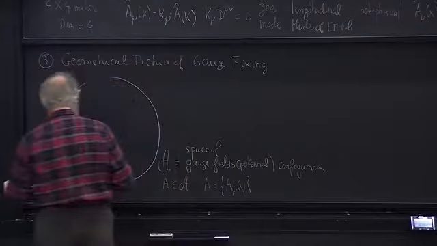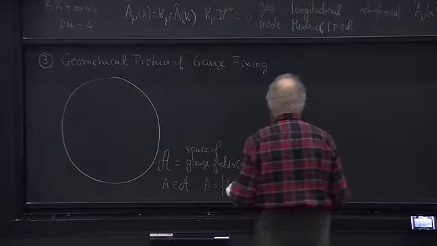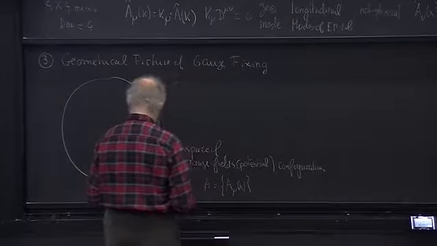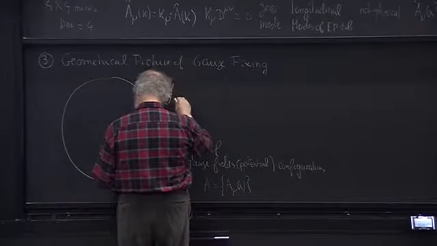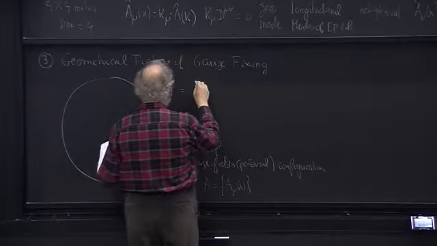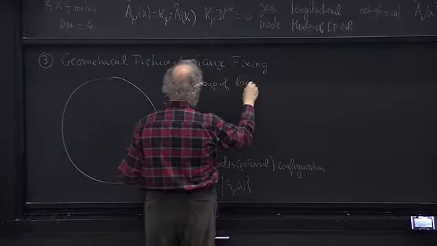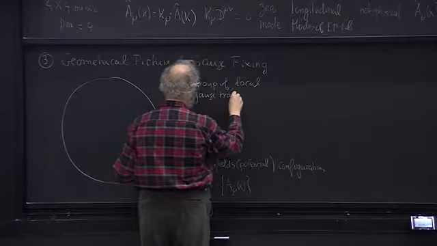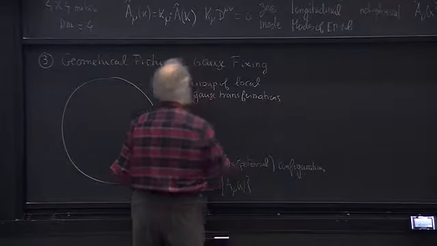Okay. And in this space, of course, we have A, and then we have a big group G, which is the group of local gauge transformations. Okay?